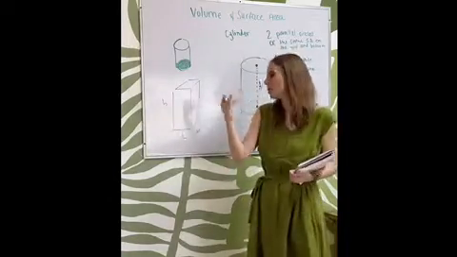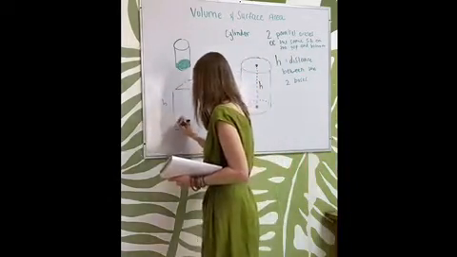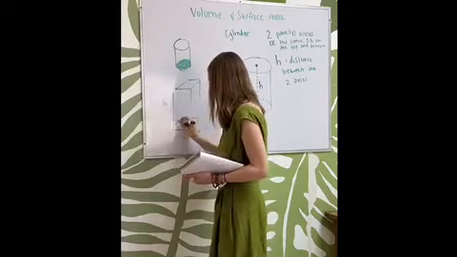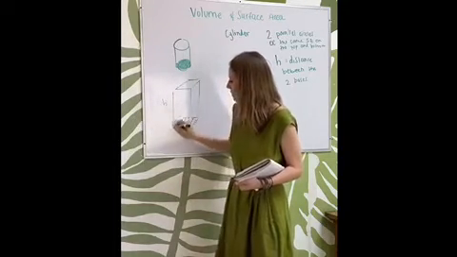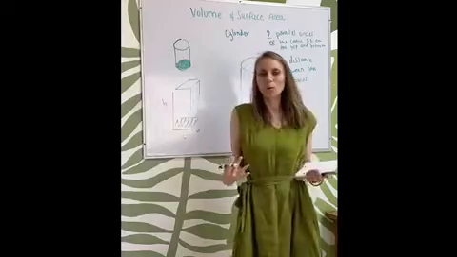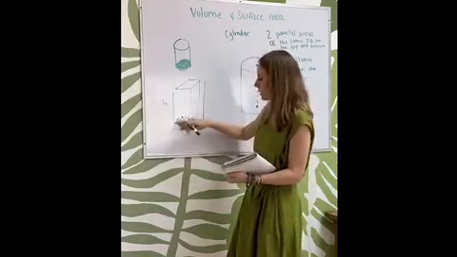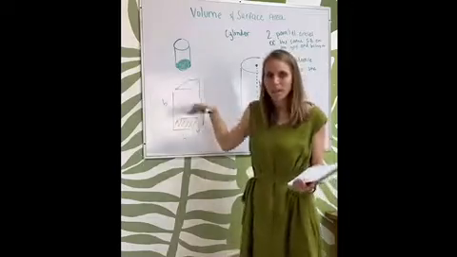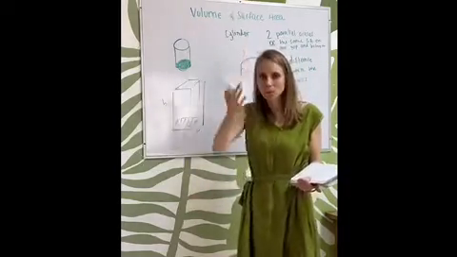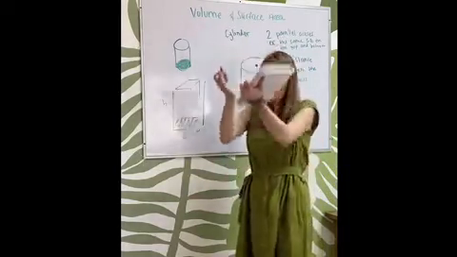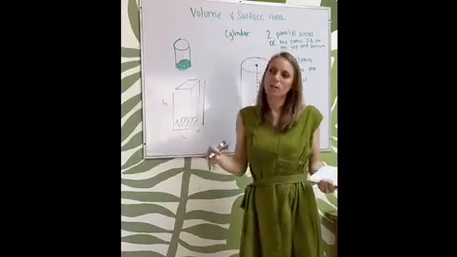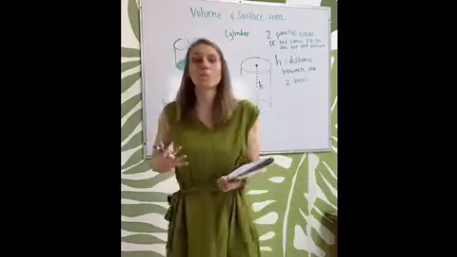We got those three dimensions. We got the base. We took the area of this base and then we extruded, or multiplied it, by the height. It's like we're filling up that whole space with the shape of the base. That's really the way you can think about a lot of these volume formulas.